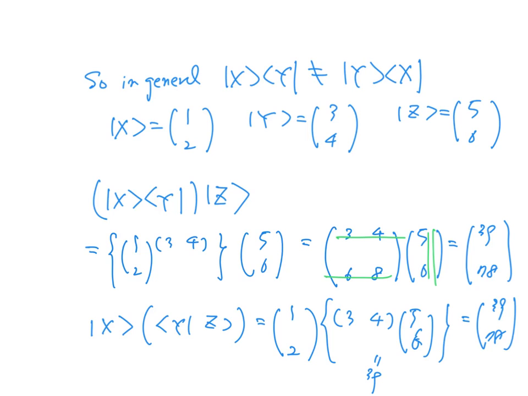So in general, I can have, this is amazing, isn't it? So the inner product and outer product can be written down this way. This is actually the beauty of using the ket vector notation. So the product of outer product and inner product is associative.